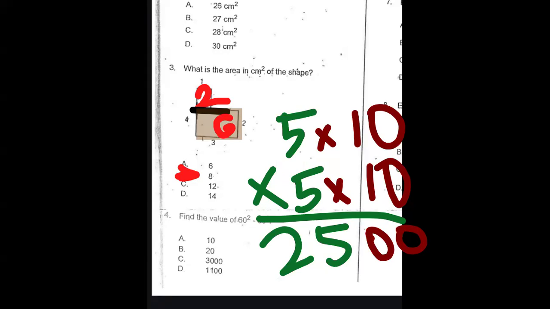So therefore, what we're going to have is 3,600 minus 2,500, resulting in 3 minus 2 is 1, 6 minus 5 is 1, and hence that's what we have right here. So that tackles this page.